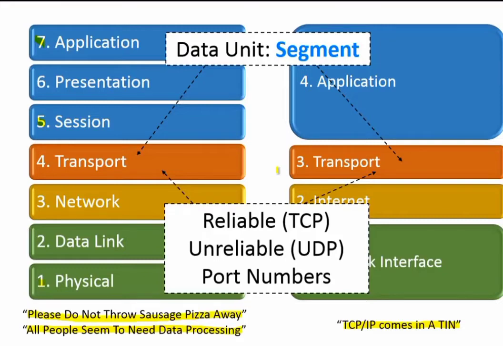In unreliable, there is no acknowledgement received for every segment transmission. So unreliable is actually faster because of the lower overhead. So real-time applications will use UDP because it is faster and it is real-time.